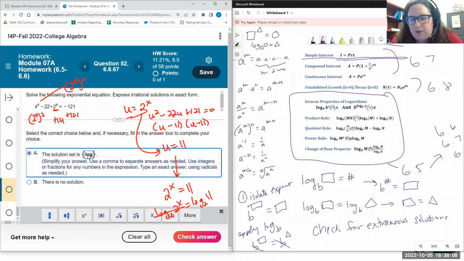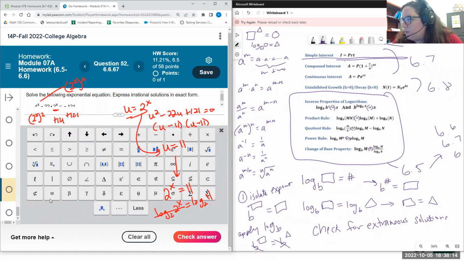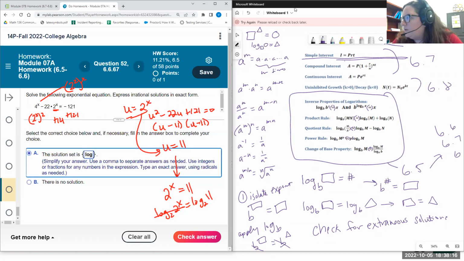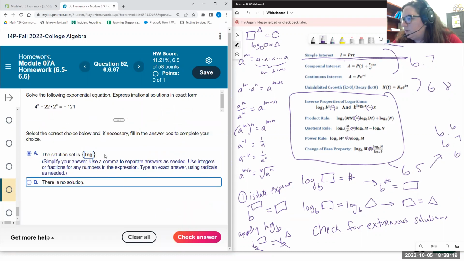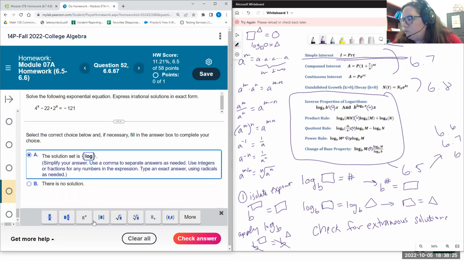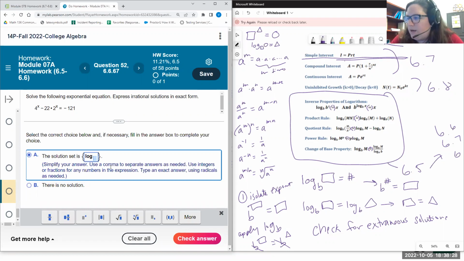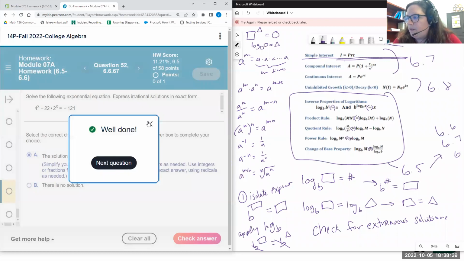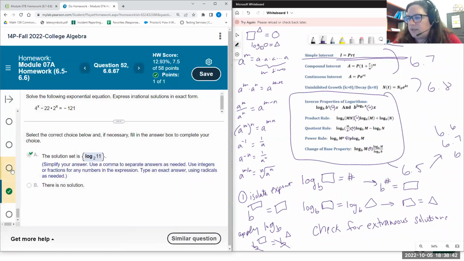So I would type in log to get the base, you do the subscript, or the other way to get to that subscript is if you type an underscore. So log base 2, and then make sure you're out of the subscript to get the 11. So that's that process.